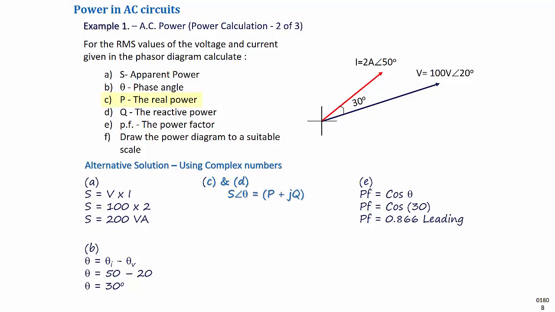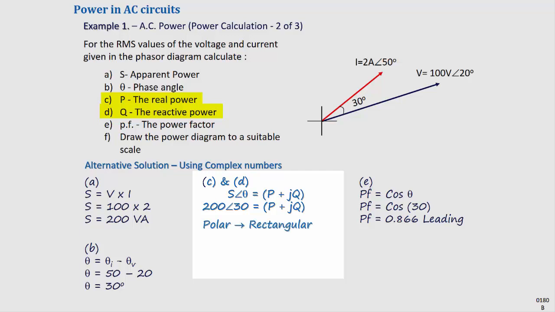An alternative way to calculate the real power P and the reactive power Q is to use complex numbers. So, apparent power S angle theta equals the real power P plus the reactive power jQ. Substituting values, 200 angle 30 equals P plus jQ.